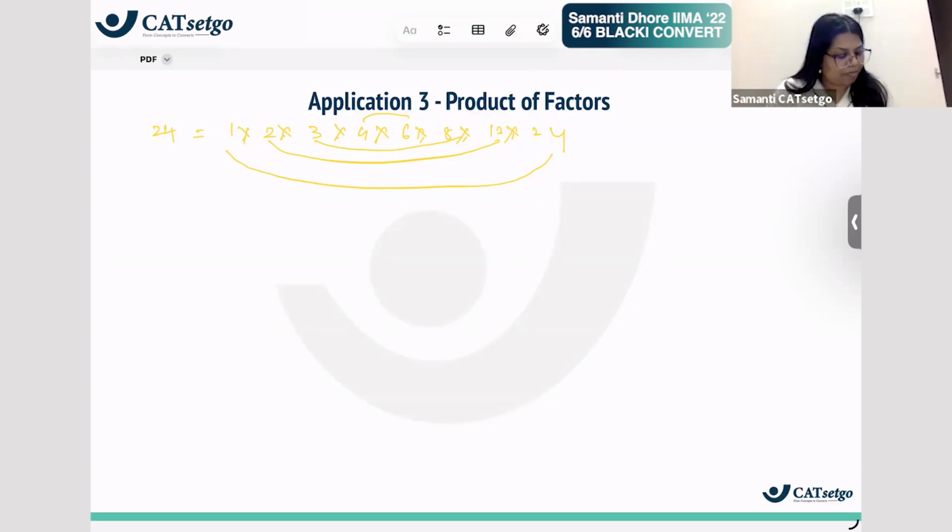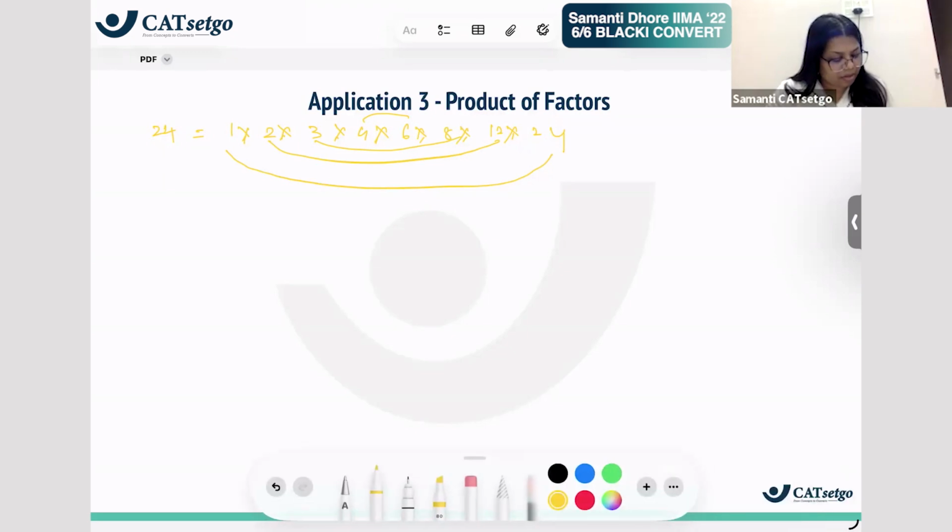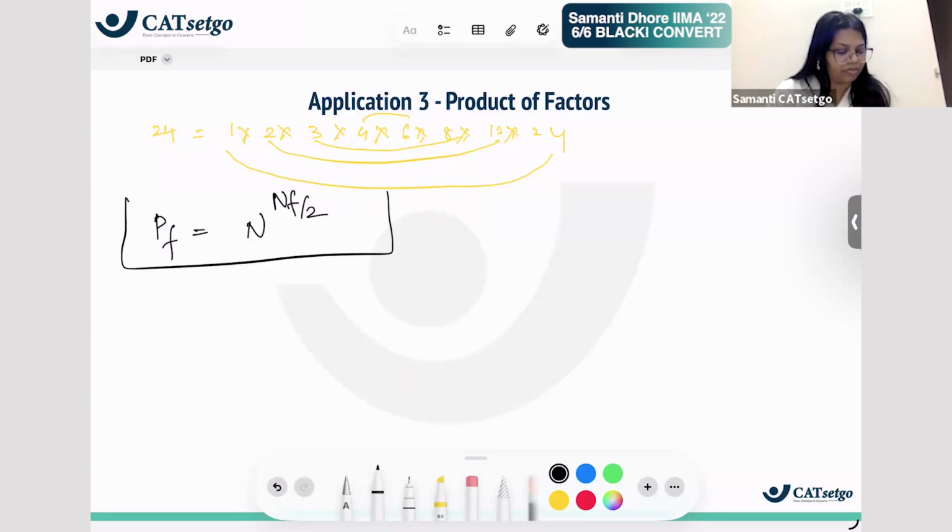Right? So, point B, product of factors is basically whatever the number is, raised to power number of factors divided by 2. This is what we did, right? If 24 has 8 factors, 2 multiplied to each other form 24. There are 4 pairs, right? So number of factors divided by 2, 8 divided by 2, 4, is the number of pairs. है ना? और उस हर एक pair का multiplication 24.